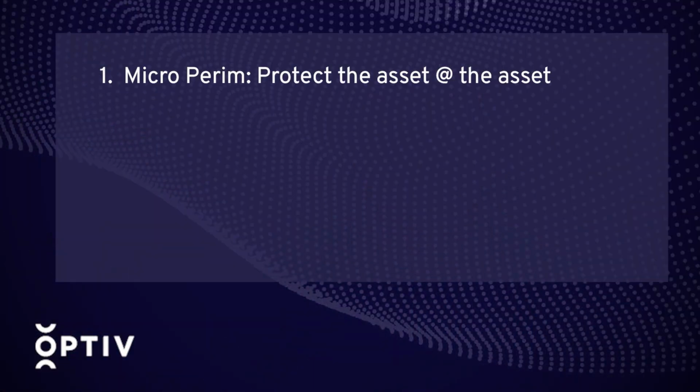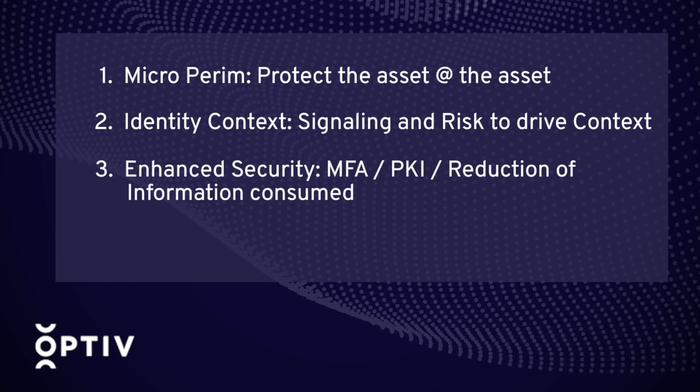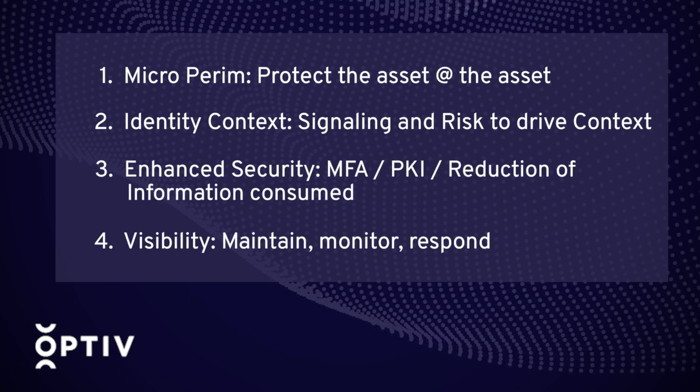Optiv is the security solutions integrator, a one-stop trusted partner with a singular focus on cybersecurity. And our Zero Trust framework is mainly focused on the how and the four core principles: micro perimeters, identity context, enhanced security, and visibility.